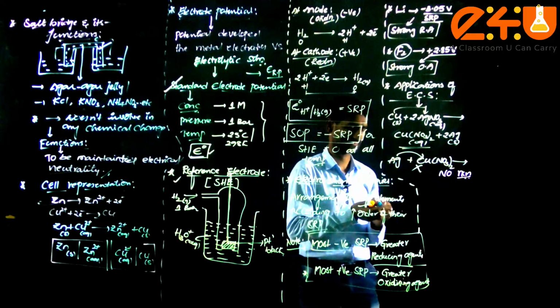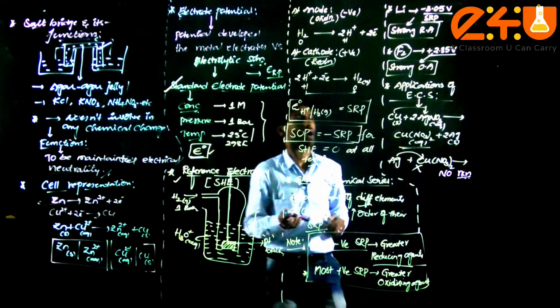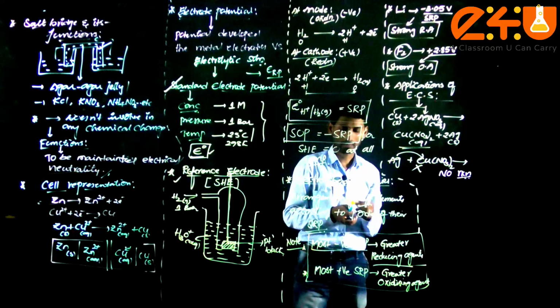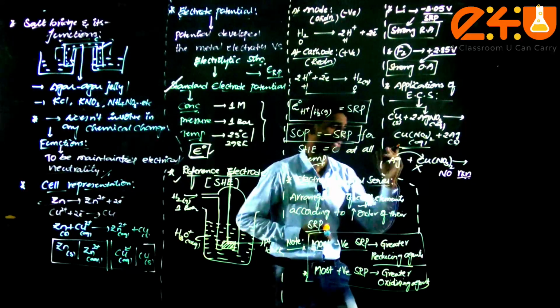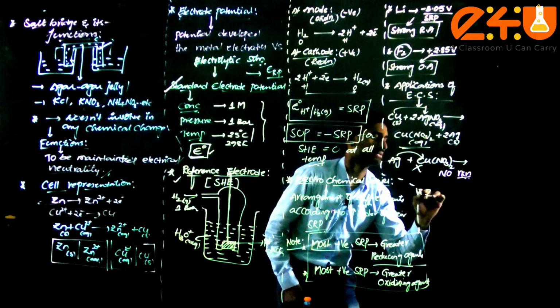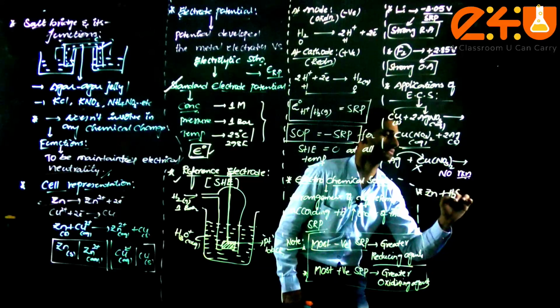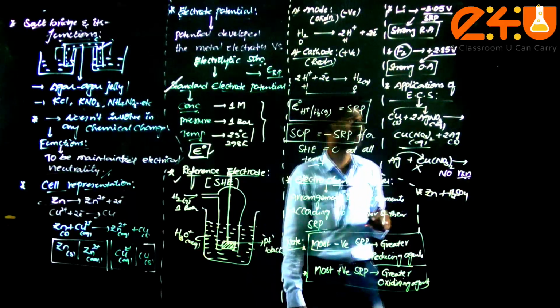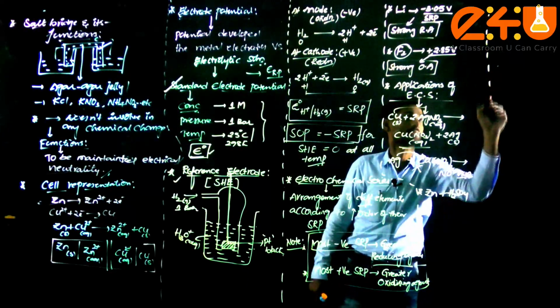Next one, how a metal will replace hydrogen from acids. Now one more example: when zinc, which is solid, reacts with dilute sulfuric acid, it liberates hydrogen gas, forming aqueous ZnSO4, zinc sulfate.